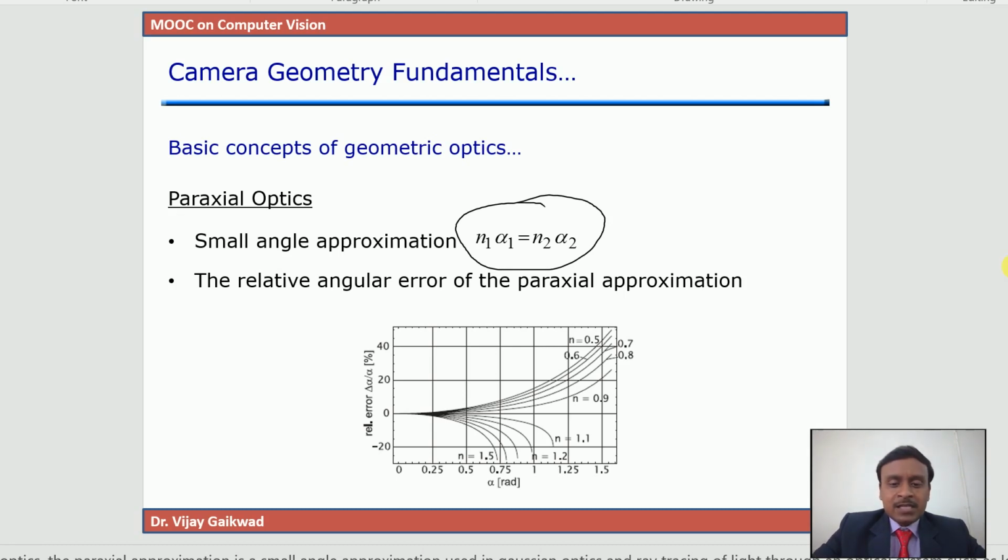The x-axis is the angle alpha in radians, varying from 0 to 1.5, and on the y-axis we have the relative error in percentage. As we can see, as we move from angle 0 towards the maximum side, the relative error grows. So whenever you are dealing with angles a little higher than 0, a small relative angular error is introduced.